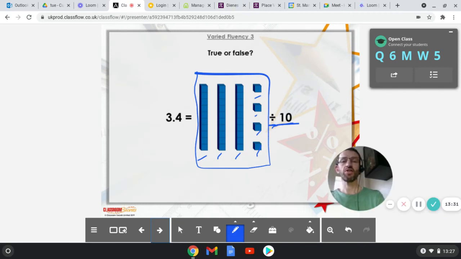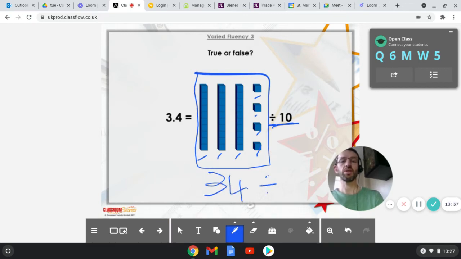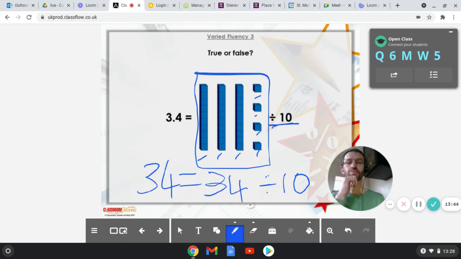So 34, this is the number 34, divided by 10 equals 34. Sorry, not 34, it's 3.4. Pay attention, Mr. Bowes. What do you think? Exactly, it is true.